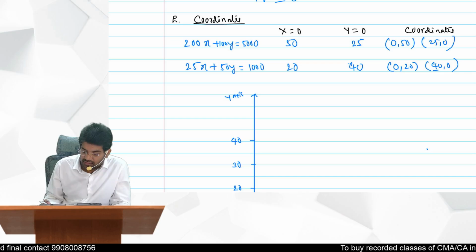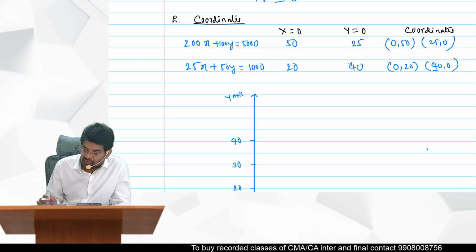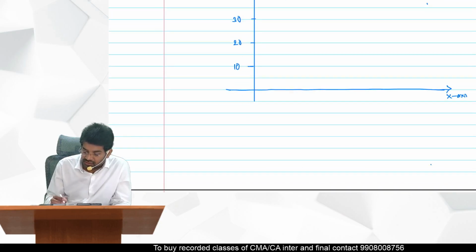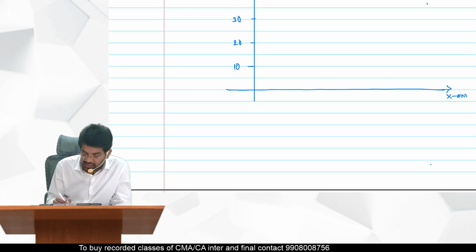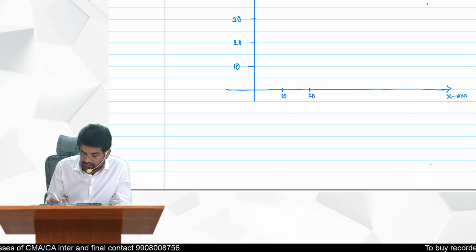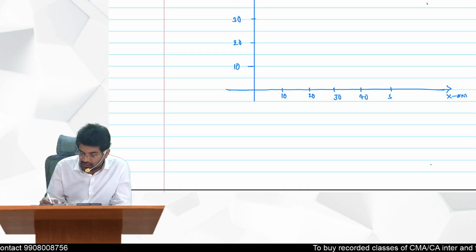Here also the same, we will take 10, 10. We have to go up to 50, y is 50. So this is 10, 20, 30, 40, then 50.